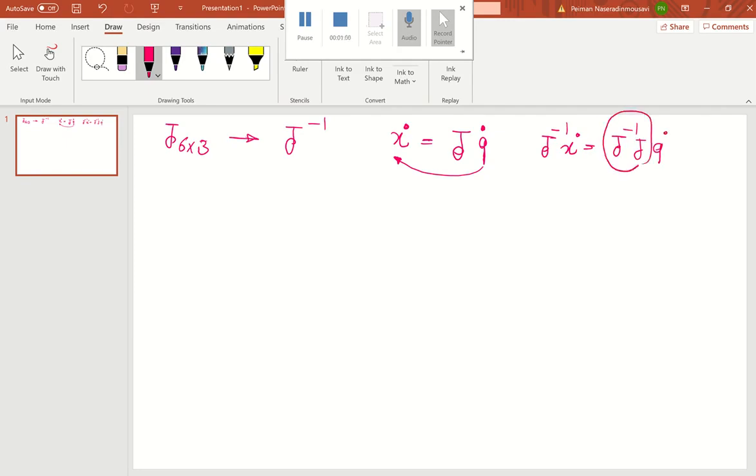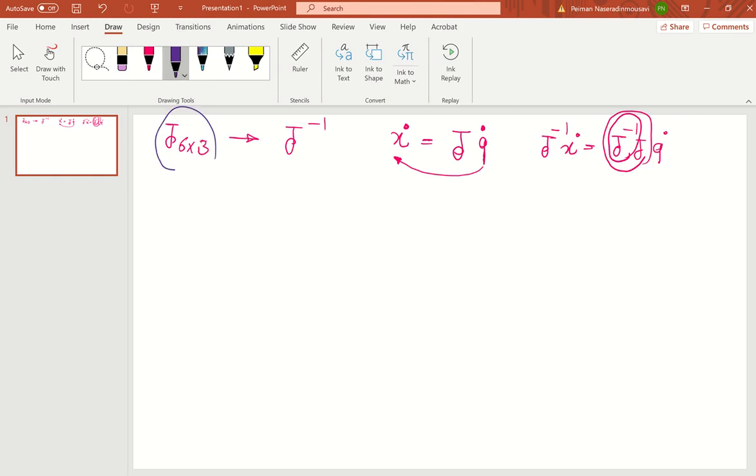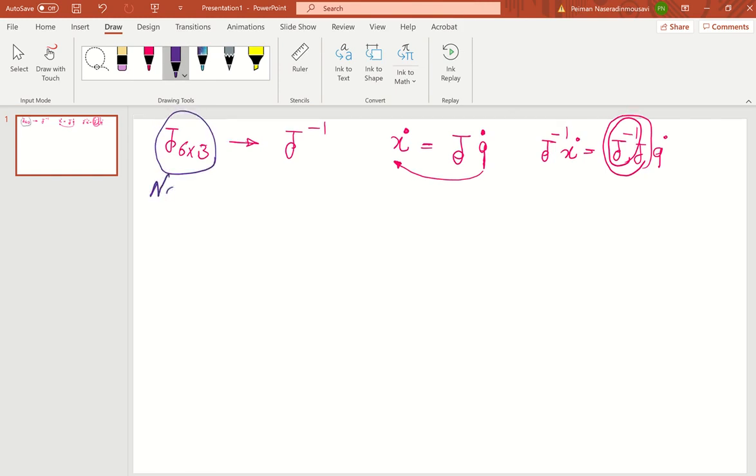The problem is that we don't have this inverse, because the J here was a non-square matrix for this robot.